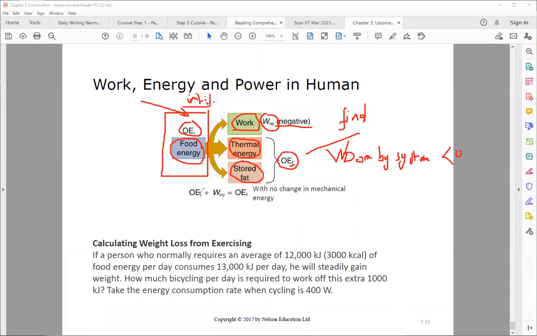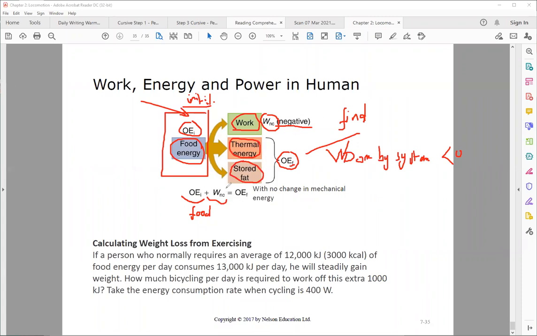So we can write this in the following way. This is other energies in the form of food that goes in. This is initial. And then here, of course, you include the work done by the body.